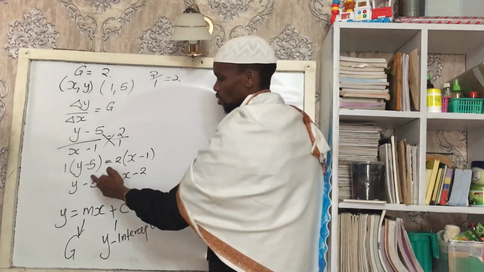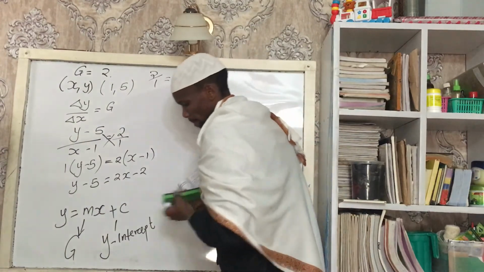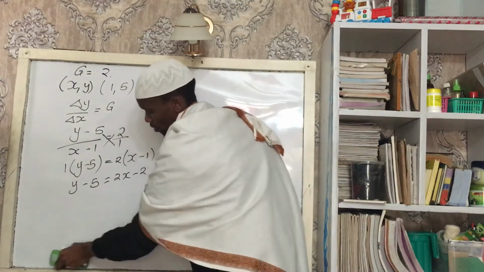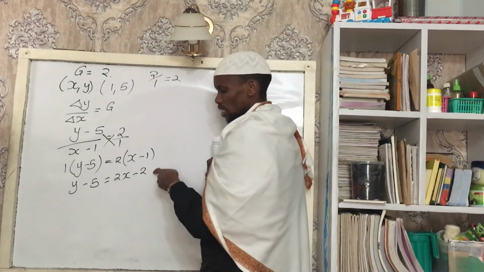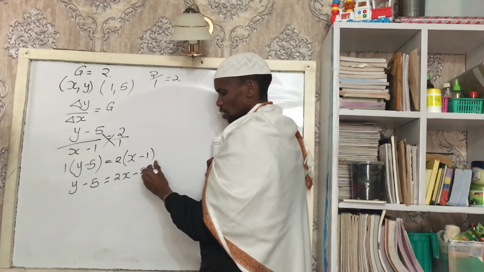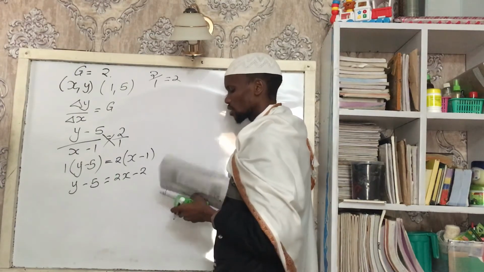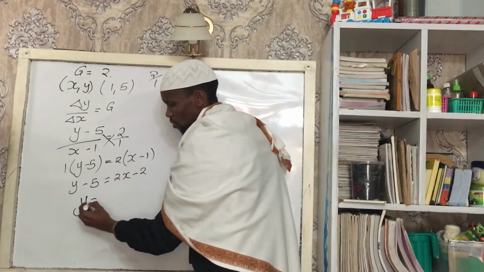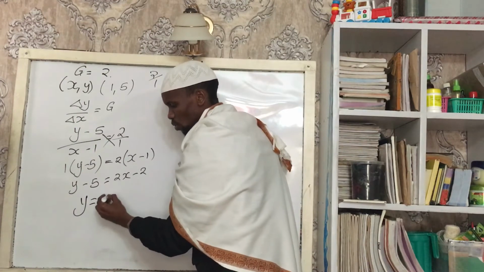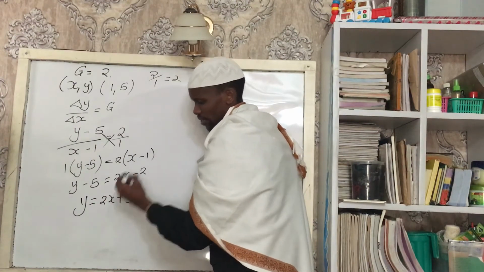We take 5 to the other side. It has a negative. So if it goes to the other side, it becomes what? A positive. Minus 2 plus positive 5 is what? 3, right? So my equation would be y is equals to 2x plus 3.